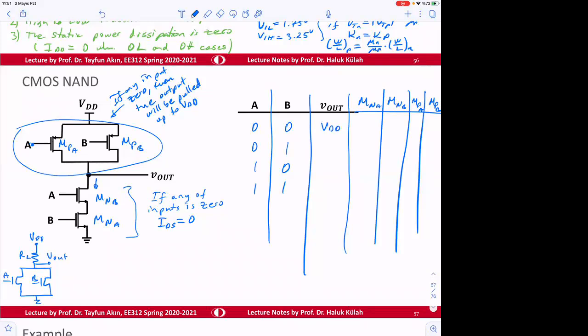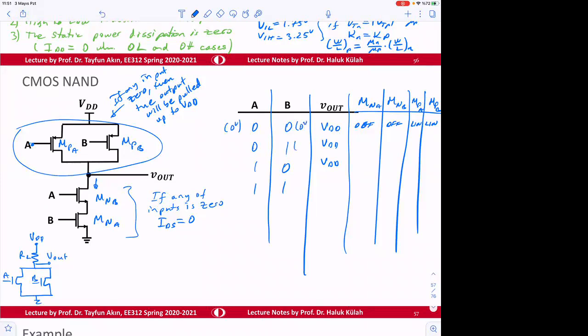For example, here, if A is, this is going to be off, this will be off, this will be linear, this will be linear, and therefore it's going to be the case. So if this is the case, this is again VDD. This is the case, again, this is going to be VDD. And now maybe you should say low voltage, 0 volts.